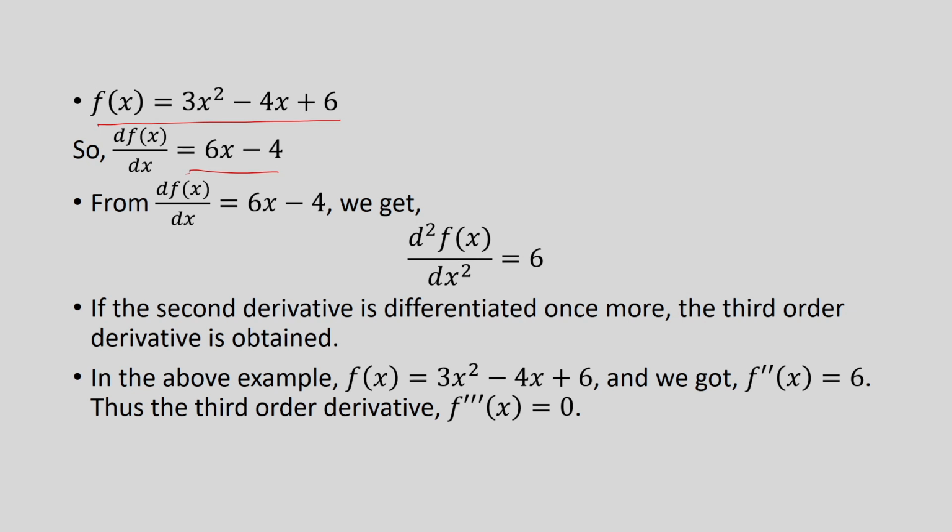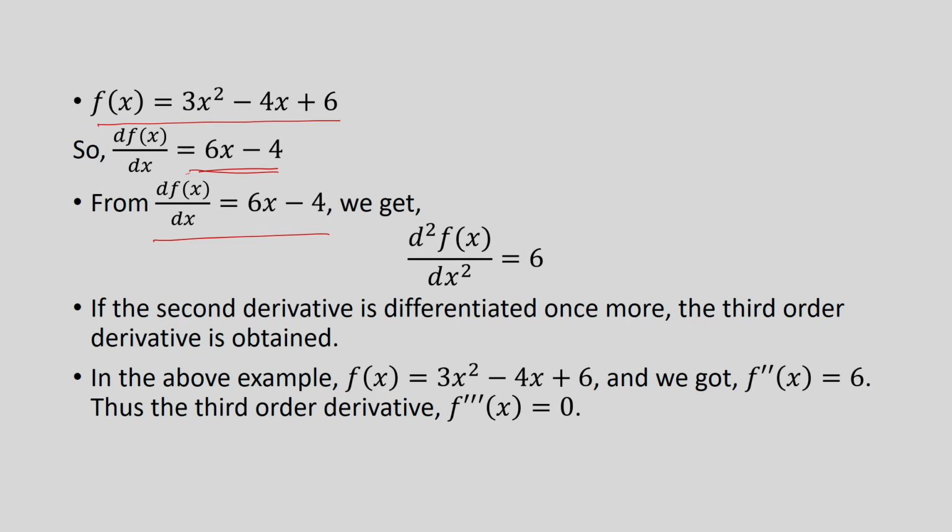So, that becomes 6x, and minus 4x. So, if you differentiate x with respect to x, you get 1. So, finally, you are getting 6x minus 4, because the derivative of 6, which is a constant, is 0. So, this is the first derivative, df x dx is equal to 6x minus 4.